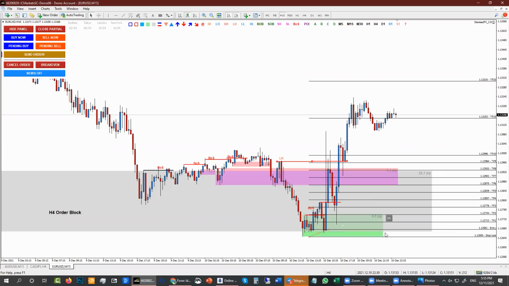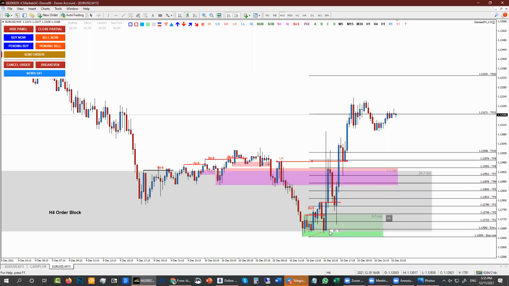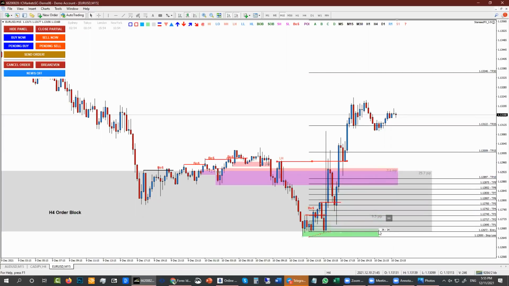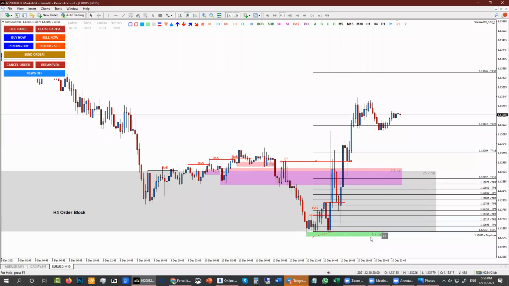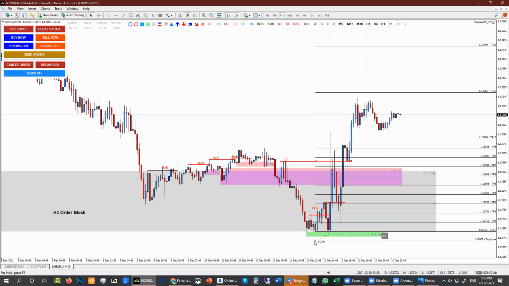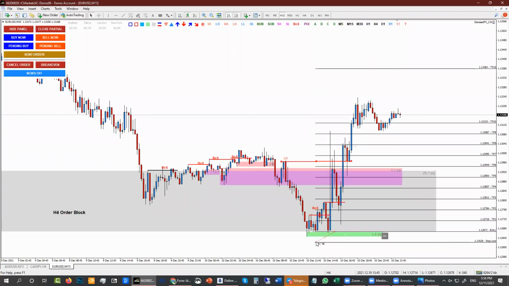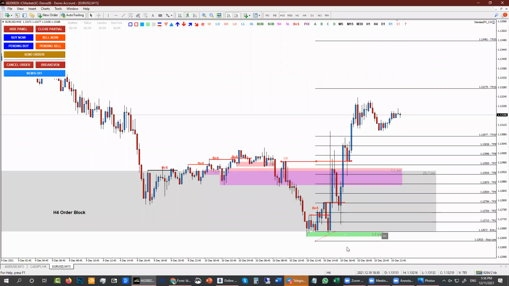If it gives you, for example, 9 pips, you do not have to add anything, unless the order block is very small, for example 1.9 pips, then I wouldn't put it exactly like that, because this is 1.9 pips and here is also 1 pip for the spread, so I would put it a little below, to make it 2 or 3 pips.